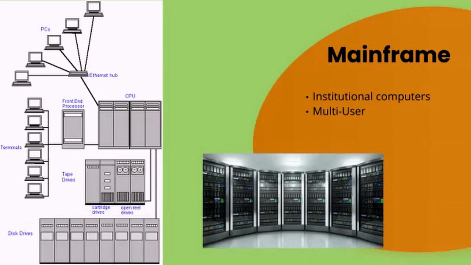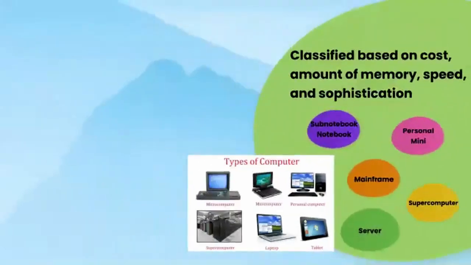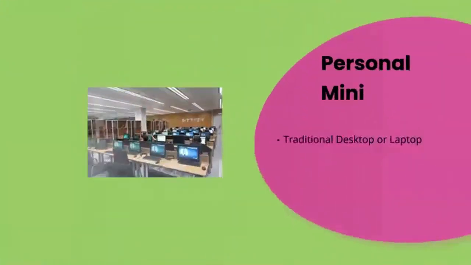Mainframe computers are used in large institutions such as governments, banks, large corporations. Basically, it is the entire structure that includes your PCs with some kind of hub, and then you've got some terminals with some processing. These are going to be the large computers that will occupy an entire room.